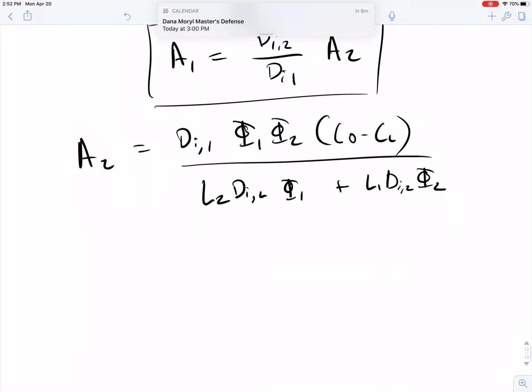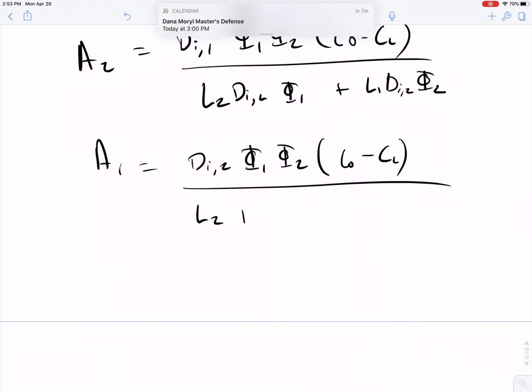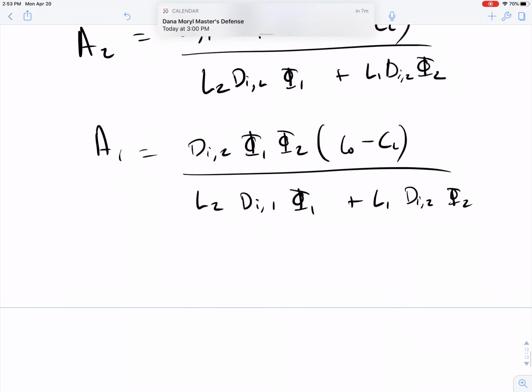And of course, by this substitution, we get A1 is going to be equal to Di2 phi1 phi2 times (C0 minus CL), all divided by L2 Di1 phi1 plus L1 Di2 phi2. Okay, so this is it. We've solved for all the constants, A1, A2.